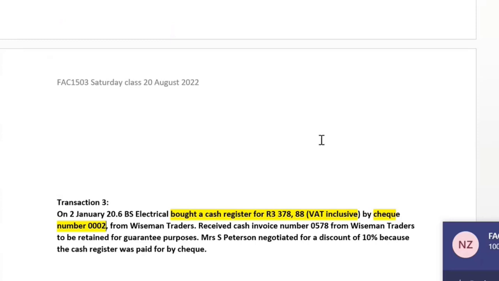Let's look at transaction number 3. What are the source documents there? On the 2nd of January, BS Electrical bought a cash register for 3,378.88, VAT inclusive, by check number 0002 from Wiseman Traders.